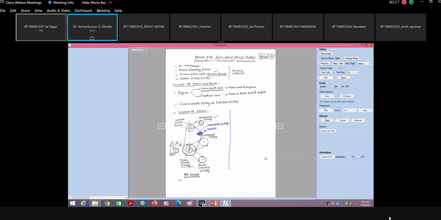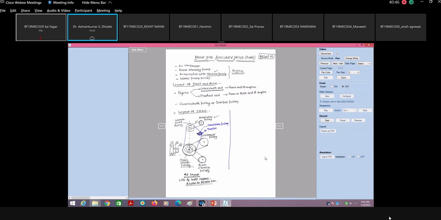Okay. So generally, these kinds of belts have to be replaced around 20 to 25,000 kilometers. So the life of the belt is approximately 20,000 to 25,000 kilometers. Okay.